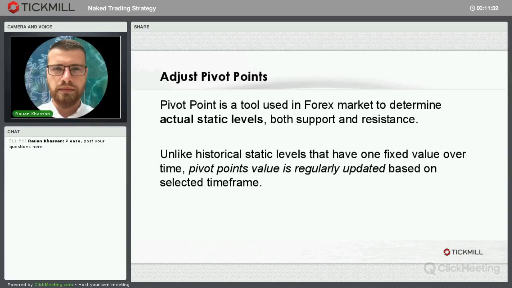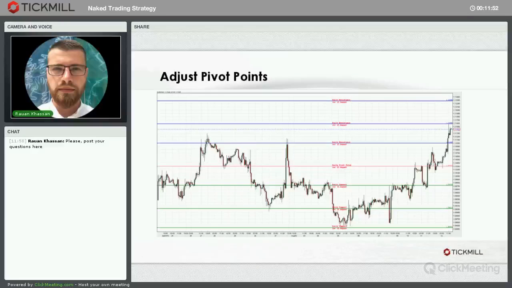As for now, pivot point is a tool used in Forex market to determine actual static levels, both support and resistance. Unlike historical static levels that have one fixed value, pivot point's value is regularly updated based on selected time frame.